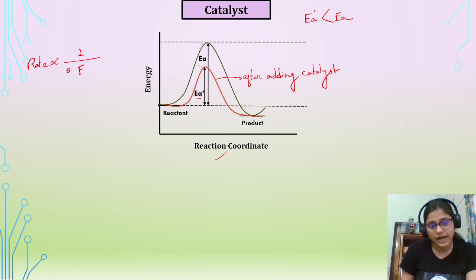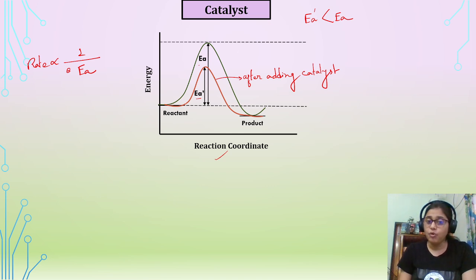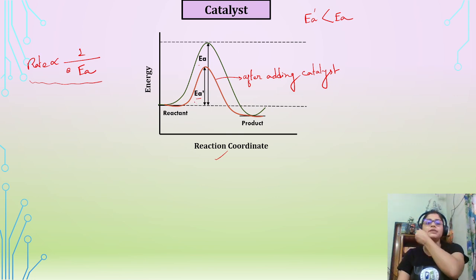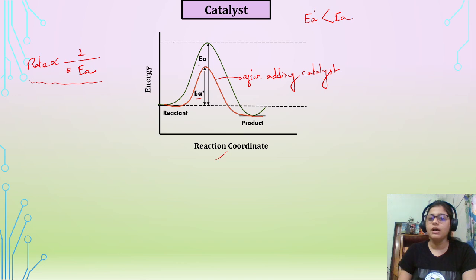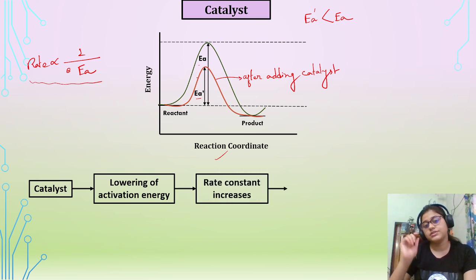If activation energy is more, that means more energy is needed for the reaction to happen, so the rate will be slower. So when a catalyst is added, it decreases the activation energy, which leads to an increase of reaction rate, or the reaction will now happen at a faster rate. So the catalyst lowers the activation energy, and the rate constant increases.